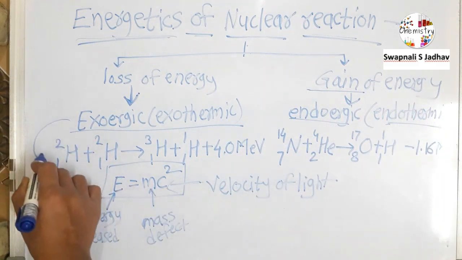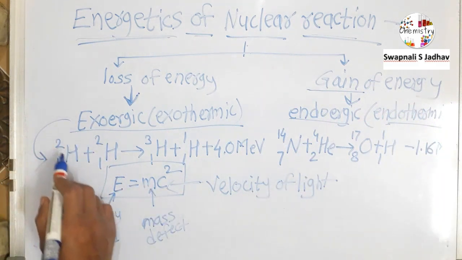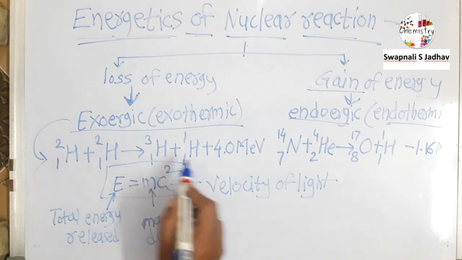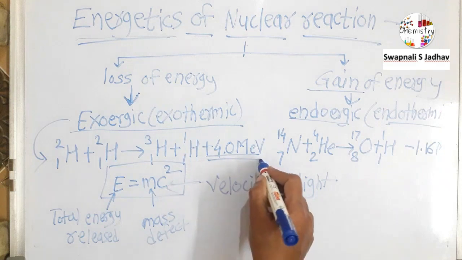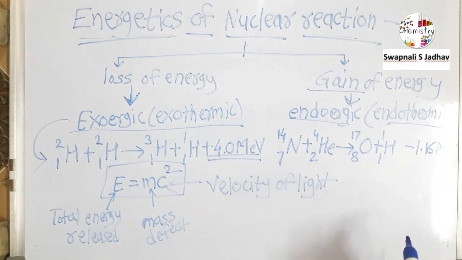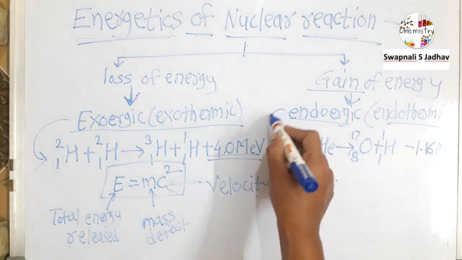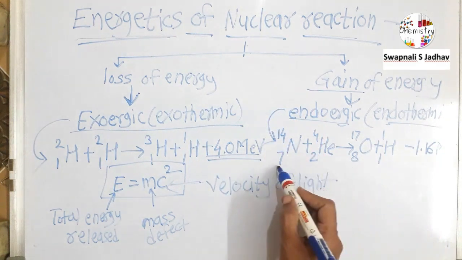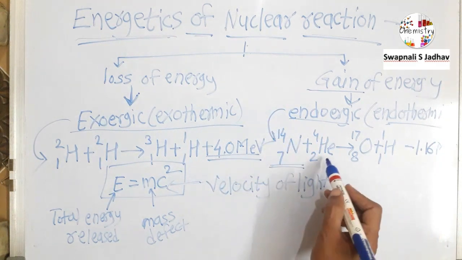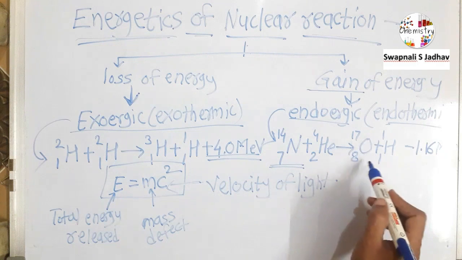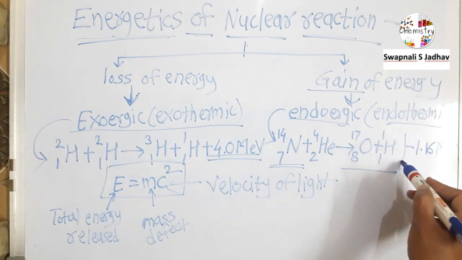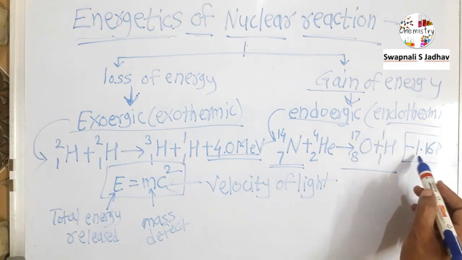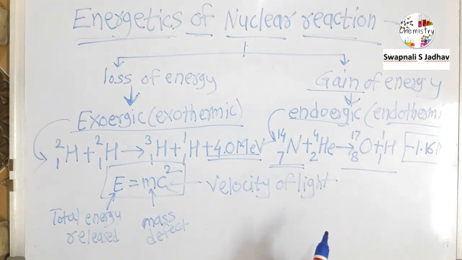So an example of exoergic is H-2-1 plus H-2-1, it is converted into H-3-1 plus H-1-1 with 4.0 million electron volt energy. An example of endoergic is when nitrogen 14-7 plus He-4-2 is converted into oxygen 17-8 plus H-1-1, and the energy is minus 1.16 million electron volt.